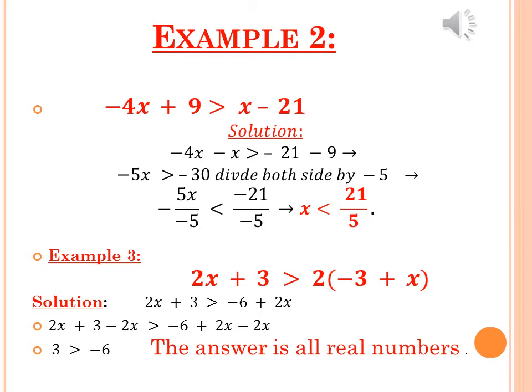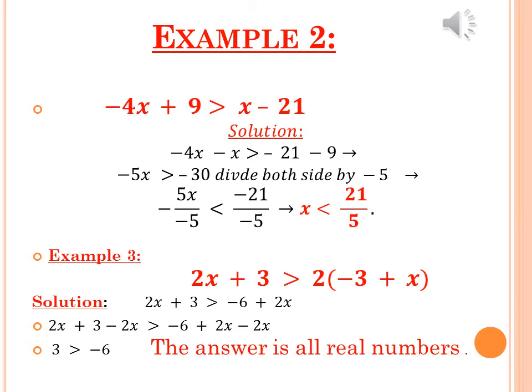So 5x minus 21. What's after that? We have minus 21 on the right. We want to cancel it, so add 21 to both sides. So 9 plus 21 greater than 5x minus 21 plus 21. So minus 21 plus 21 cancels. 9 plus 21 equals 30 greater than 5x.